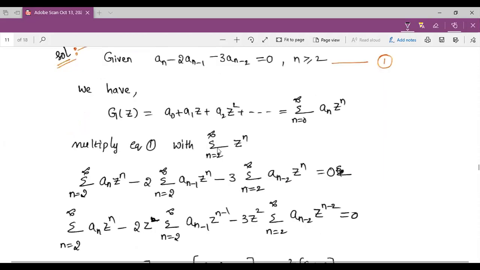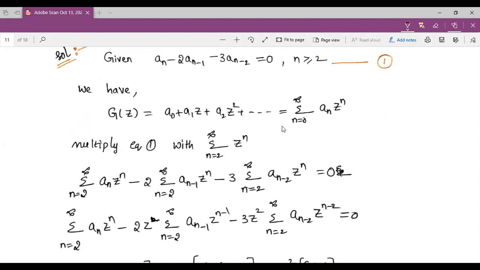So we multiply equation 1 with this series: summation n is equal to 2 to infinity a n z power n minus 2 summation n is equal to 2 to infinity a n minus 1 z power n minus 3 into summation n is equal to 2 to infinity a n minus 2 z power n is equal to 0. Okay.